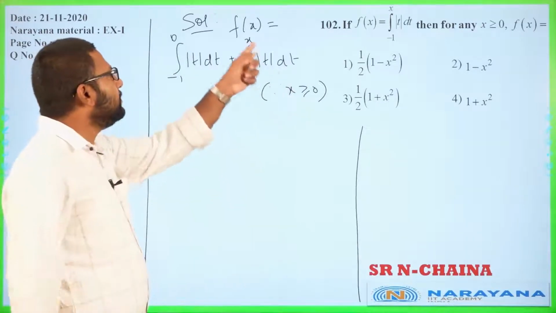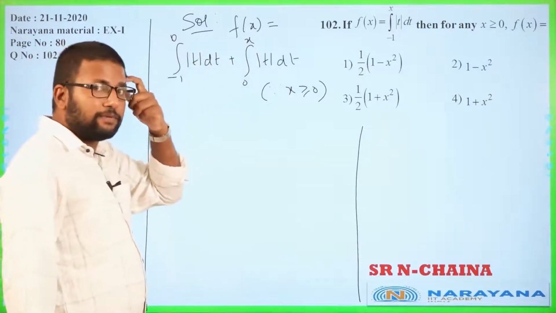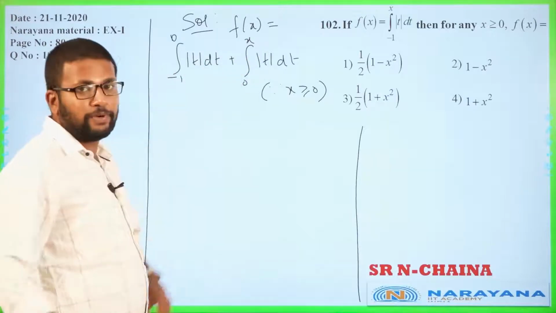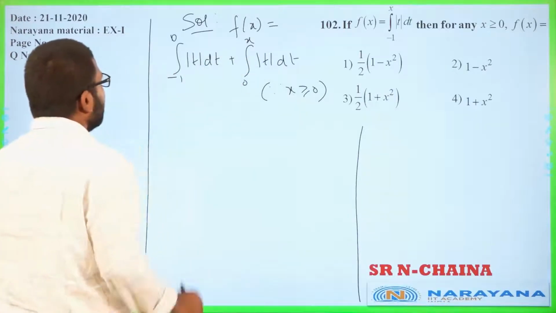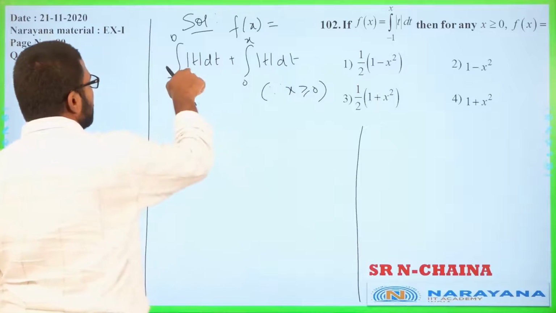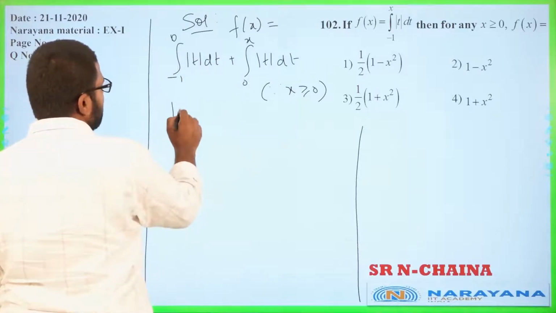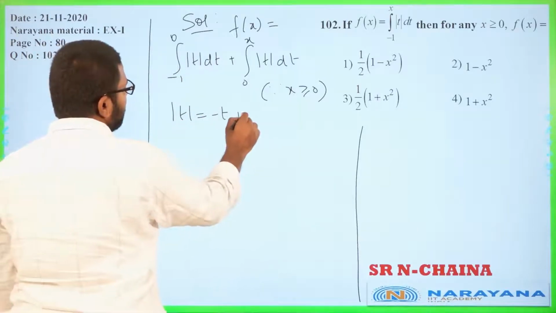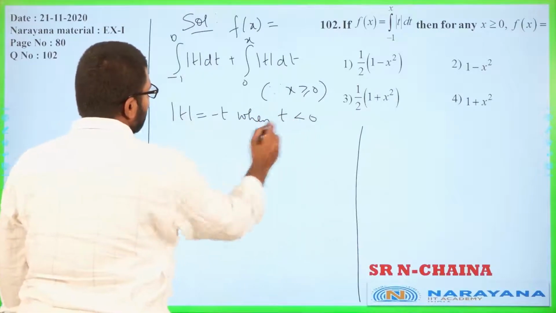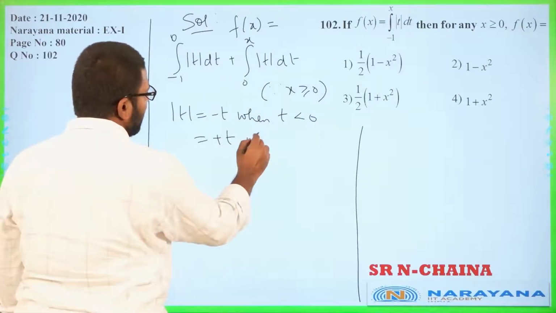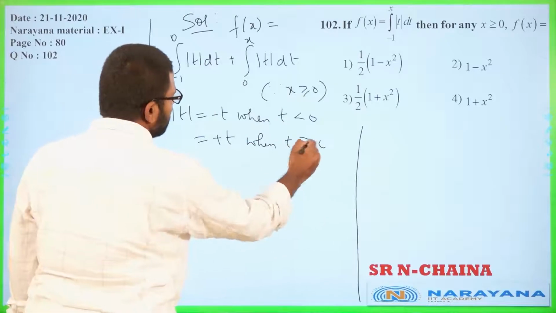Because x is greater than or equal to 0, we are able to split it like this. If it was not, then we could have had some trouble. Okay, so this part at least we know that |t| equals minus t when t is negative, and it is plus t when t is greater than or equal to 0.